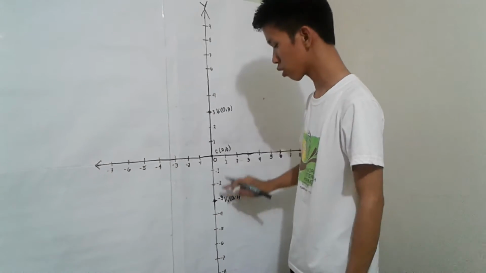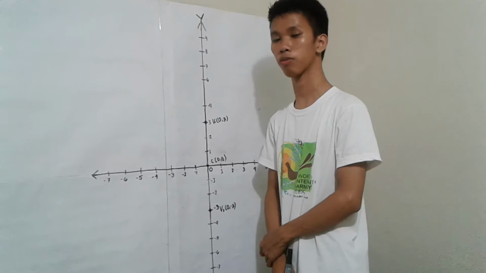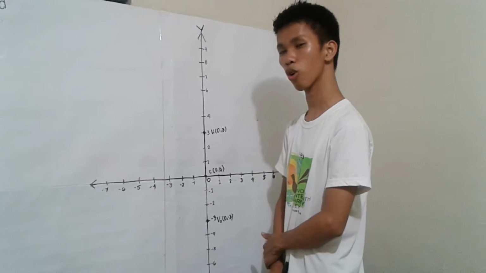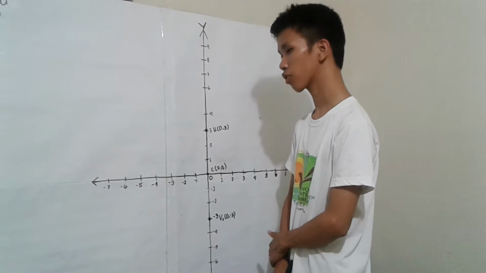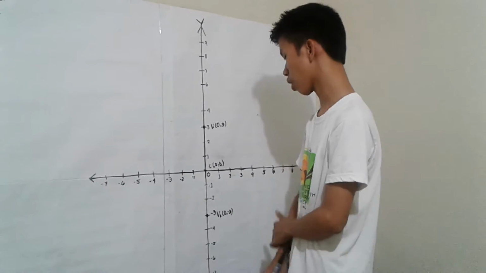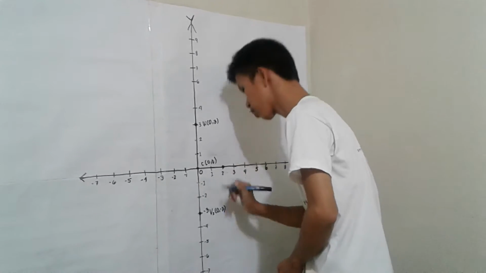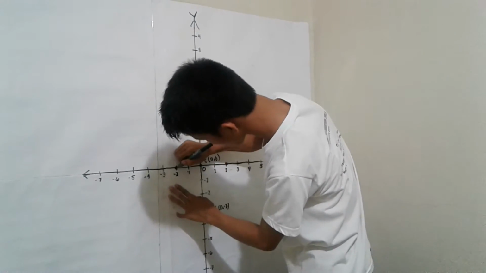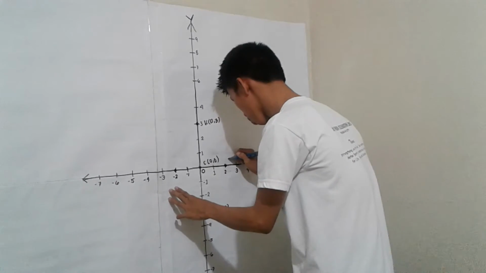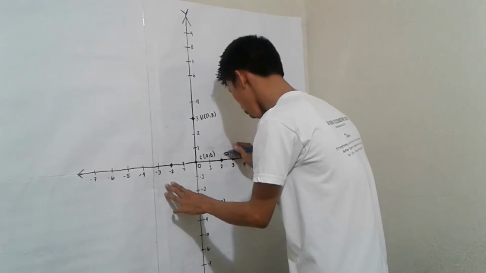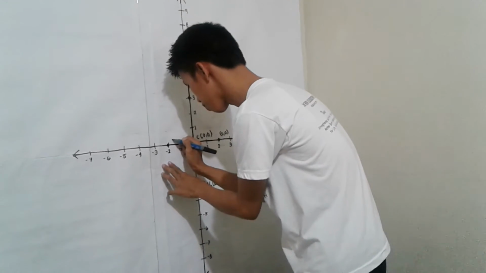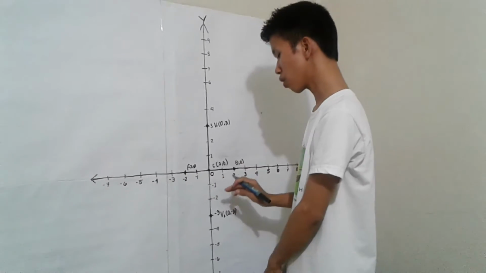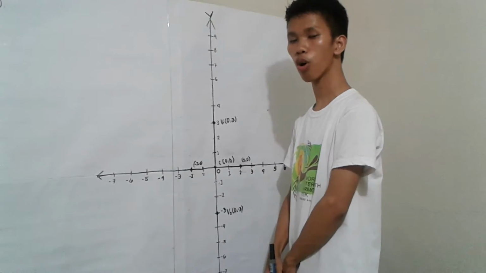From here to here is the length of our transverse axis. Let's locate the points of our conjugate axis: 2, 0 and negative 2, 0. So from these points we can draw our rectangle.